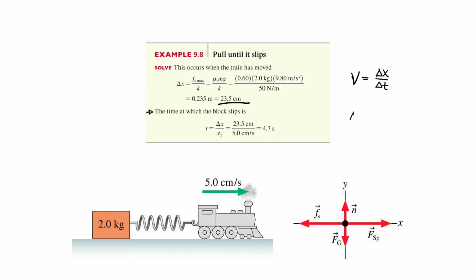So we can use this to solve for the time it takes for that block to start sliding, which is delta x over the speed of that train, which ends up being 4.7 seconds when we plug in all those numbers. So nothing extremely new here other than we know how to calculate the force on the spring: the magnitude of that force is k times delta x, how much that spring is stretched.